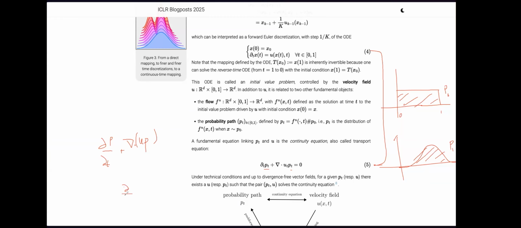So it's like d dx of u, if u has two components, u x times p, plus d dy of u y. You can look up the definition of the divergence anytime.